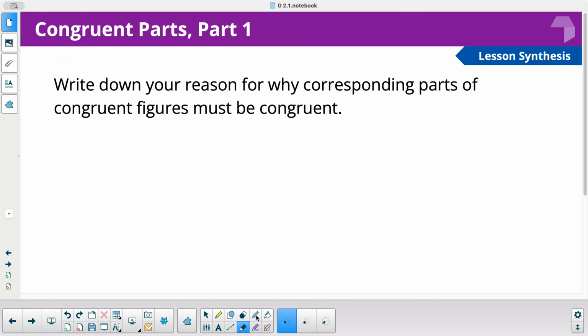It's CPCTC. Oh, it's triangles for triangles. That's what it is. I knew something was wrong.